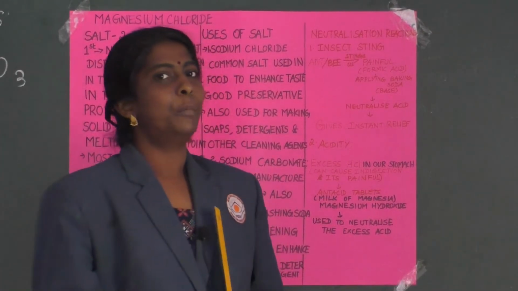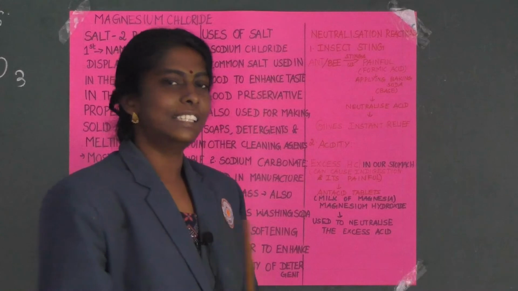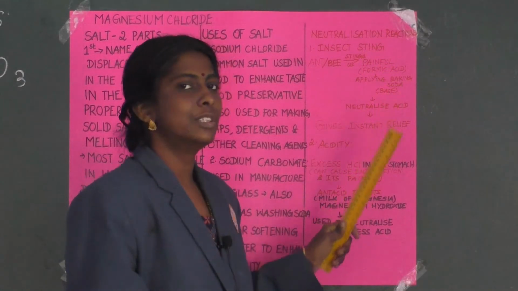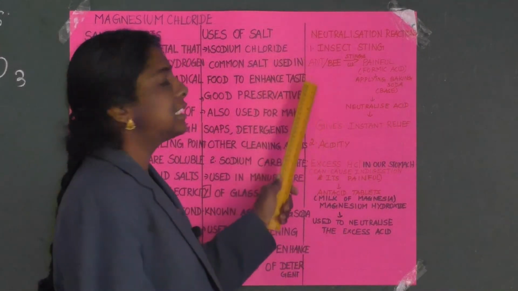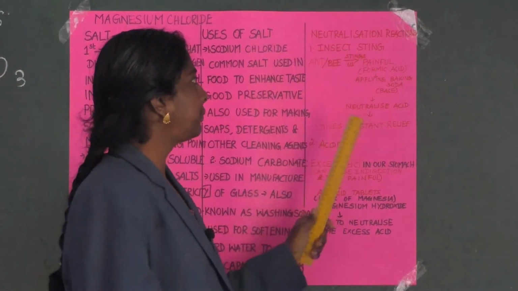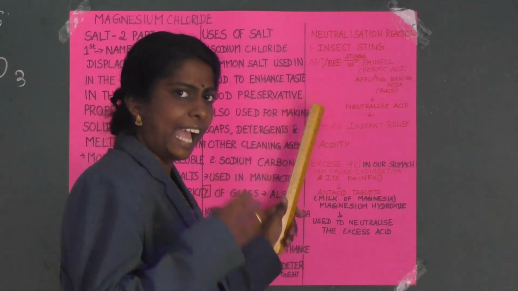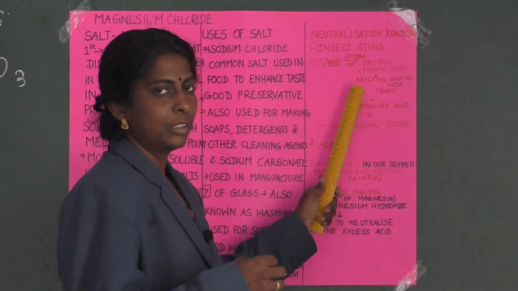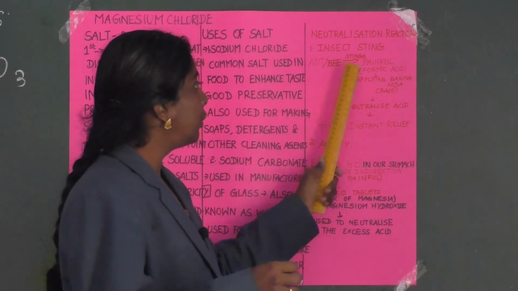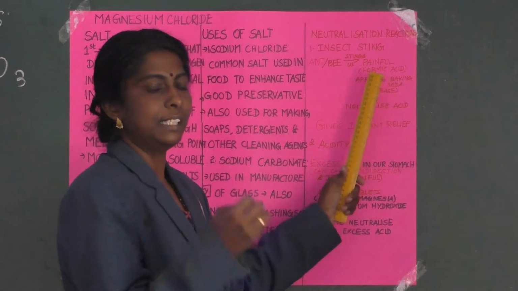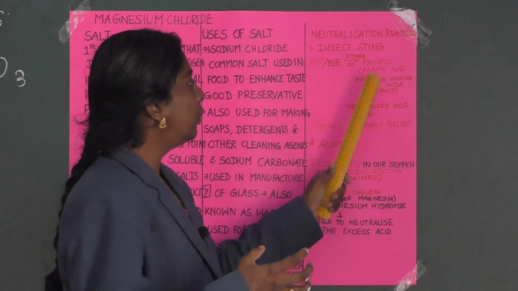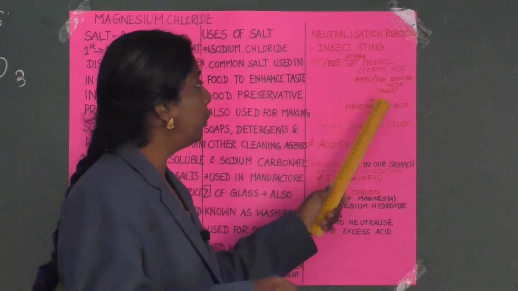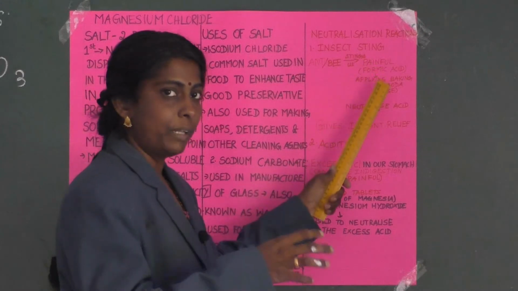Now about the last part of the chapter, that is neutralization reactions in everyday life. First, about insect stings. When an ant or bee stings us, it's painful because of the formic acid present in the sting.